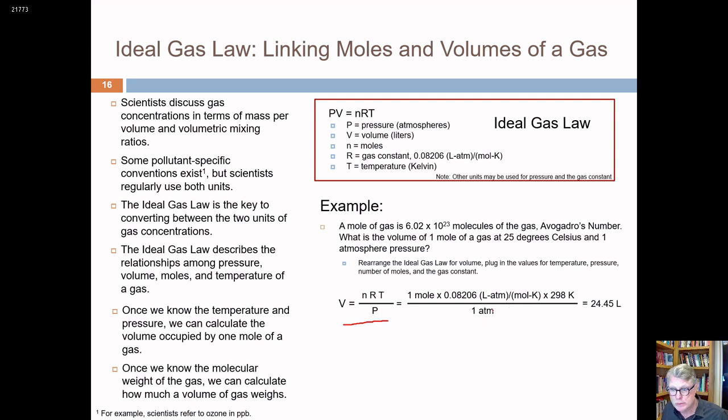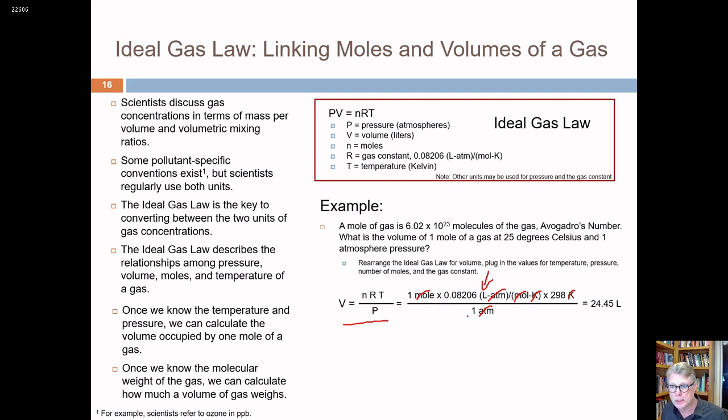So let's check our units. We've got atmospheres canceling out here. We've got moles in the denominator and moles in the numerator here, so those cancel out. And we've got Kelvin in the denominator and Kelvin in the numerator here. And so what units are we left with? We're left with the ones we want, which are liters.